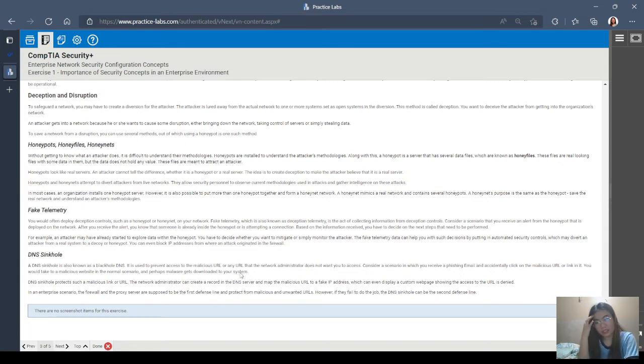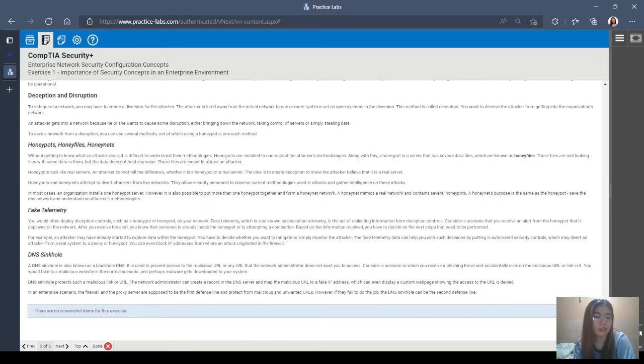Fake telemetry. You would often deploy deception controls such as a honeypot or honeynet on your network. Fake telemetry, which is also known as deception telemetry, is the act of collecting information from deception controls.